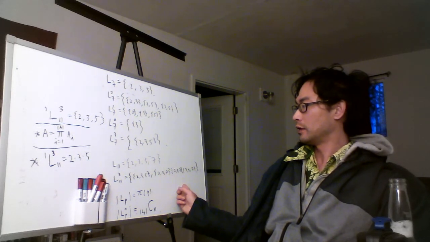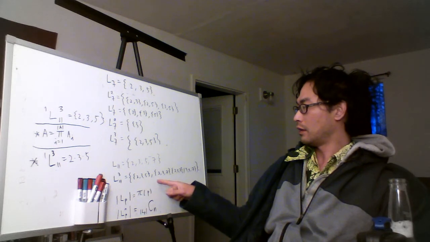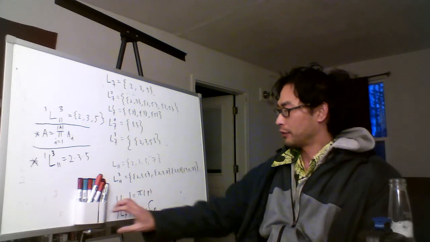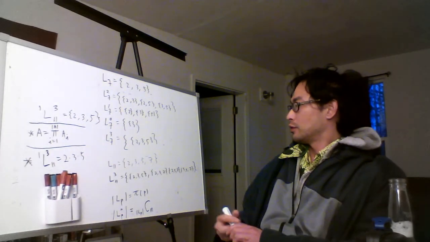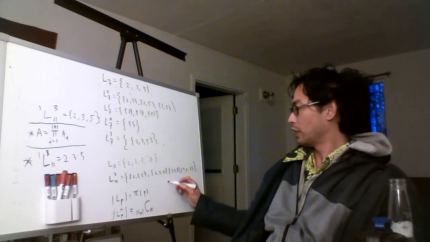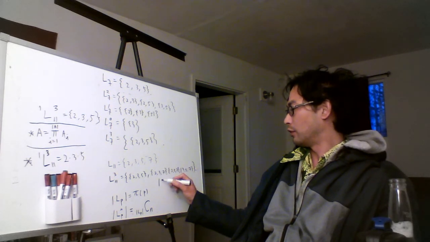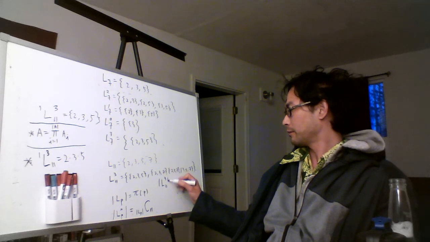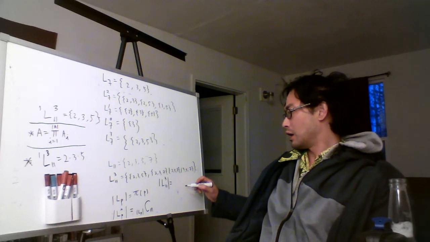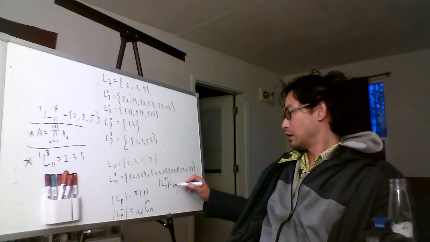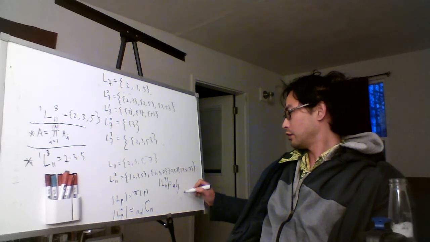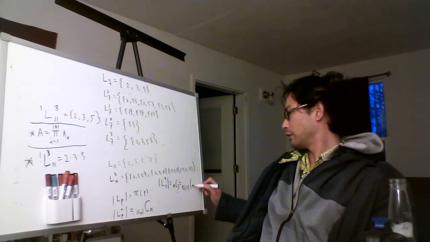There are 4 of them, right? So the absolute value of L11 3 is equal to 4C3, which is pi of 11 C 3.